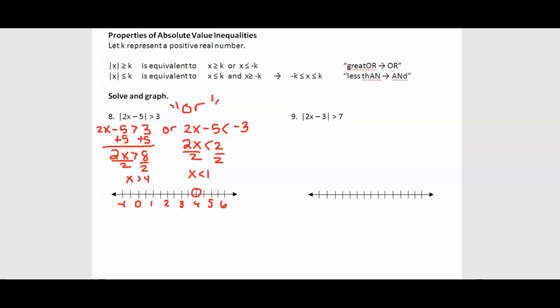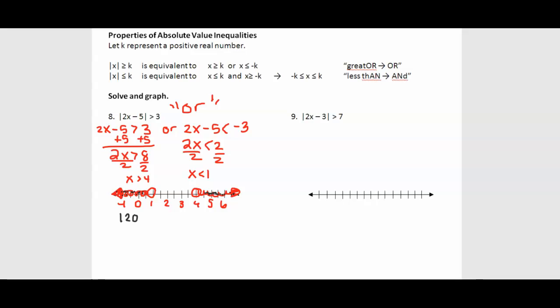Open circle at 4, shade to the right. Open circle at 1, shade to the left. So I could plug in any number over here and any number over here, and they would make that absolute value inequality true.